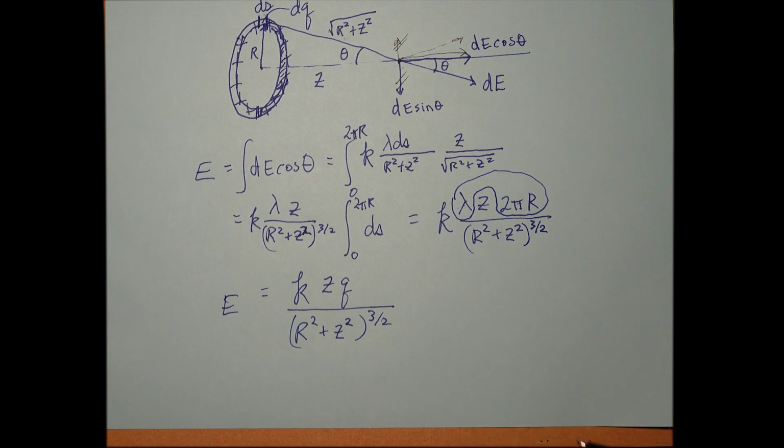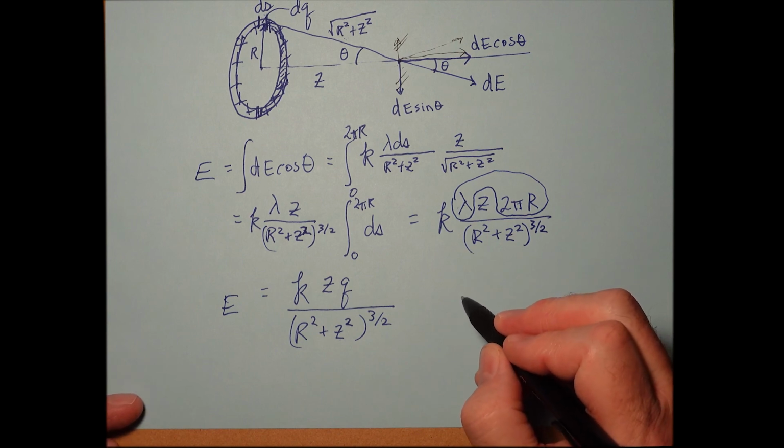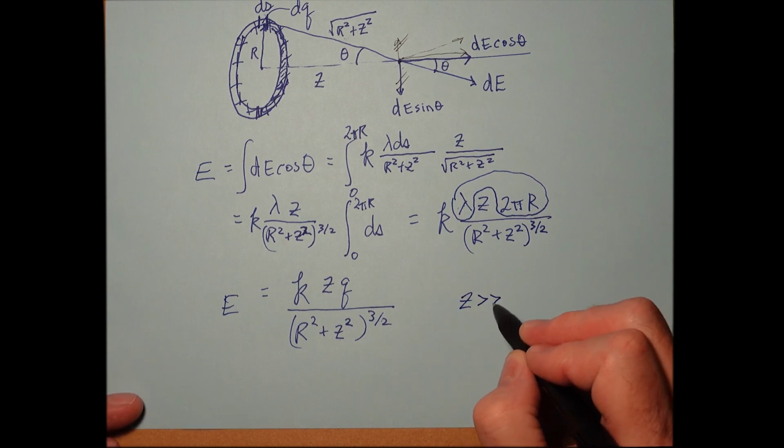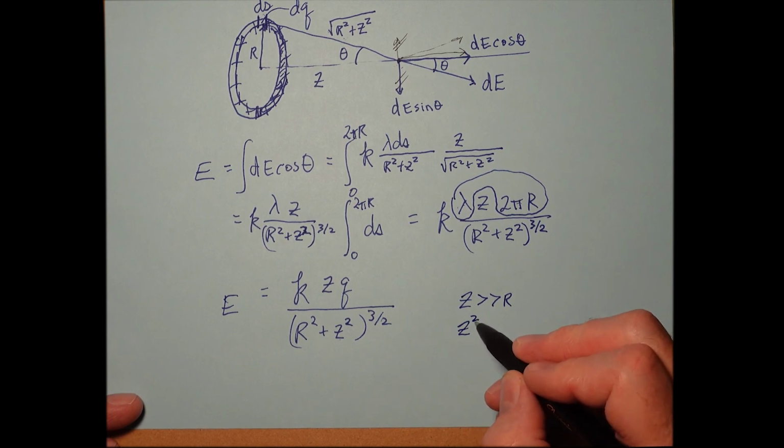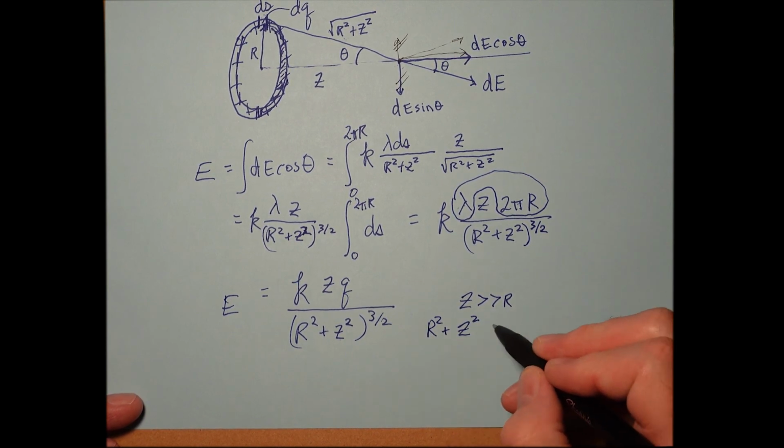Well, what about if z goes to infinity? If z gets very, very large, then r squared by proportion becomes very small. As z goes to infinity, z is much, much larger than r, so the r squared plus z squared term effectively becomes z squared.